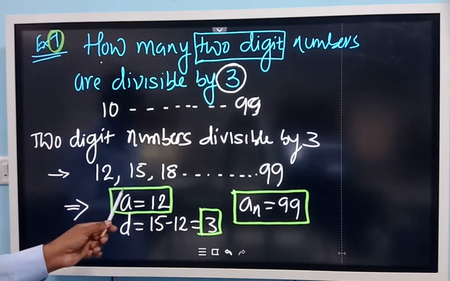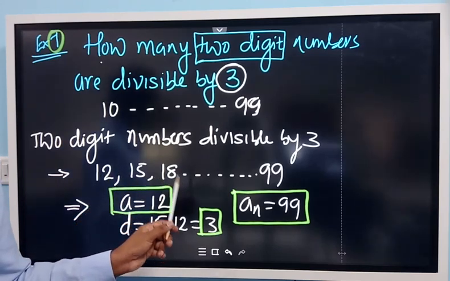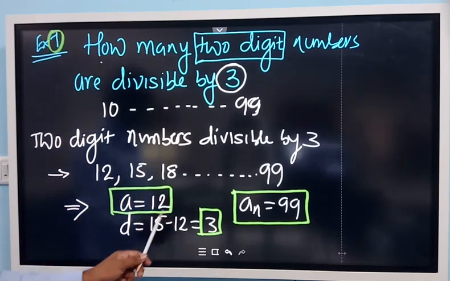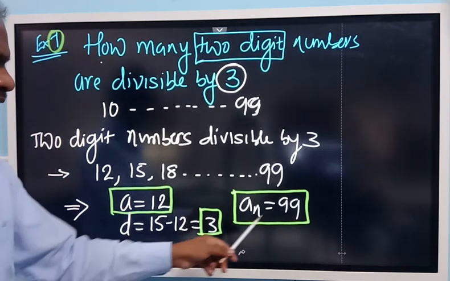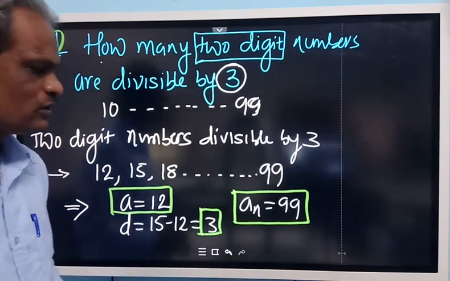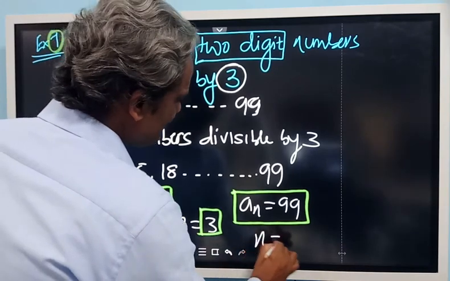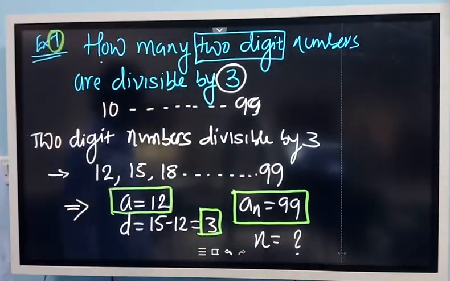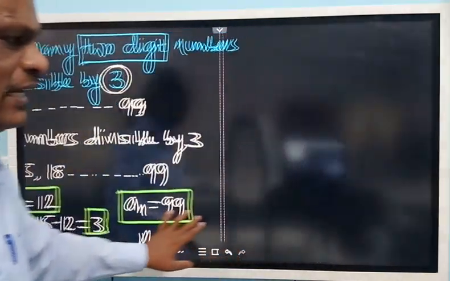In this arithmetic progression, we have the first term A equal to 12, common difference D equal to 3, and nth term is 99. So what do we have to find out here? N is equal to question mark. How many terms are there from 12 to 99? So use this formula again.